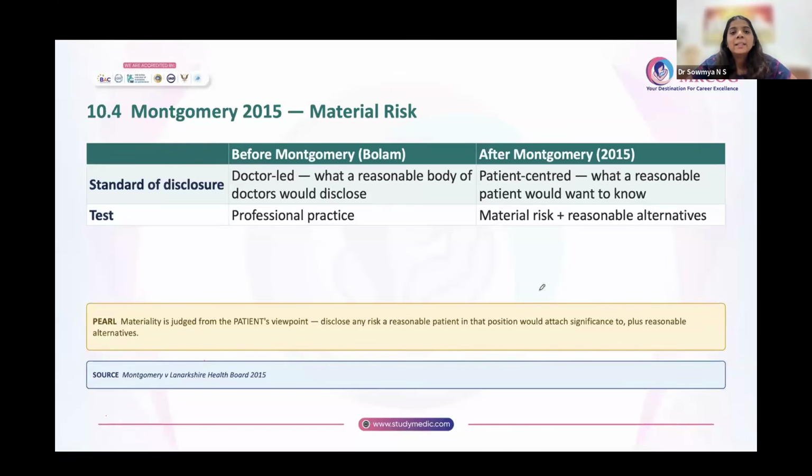So basically, before Montgomery, there was the Bolam principle, where the doctor would decide what reasonable disclosure could happen. But after the Montgomery ruling, every single risk must be made known. That is the reason you are asked about consent, the risk of death, risk of ureteric injury; there is a reason you are tested on those statistics.